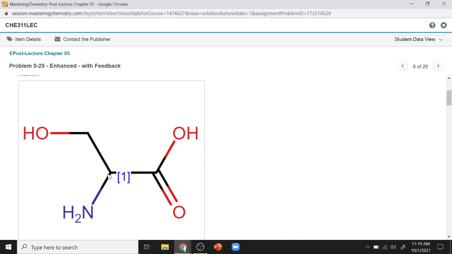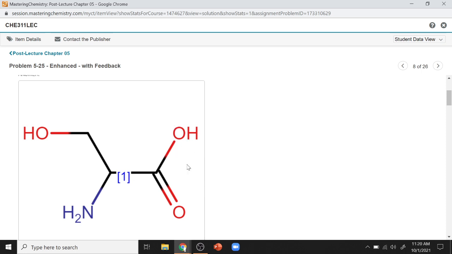Another way of thinking about that is, could you draw a plane of symmetry through this? No, you could not. Because there's no 2 groups you could fold into each other, right? That's what you need for a plane of symmetry, isn't it? This one has a plane of symmetry in the plane of the paper, or the screen, going through these oxygens and that carbon.